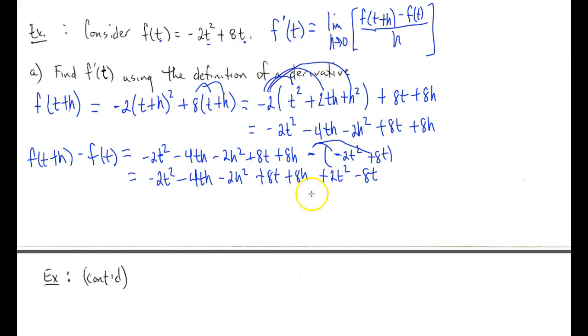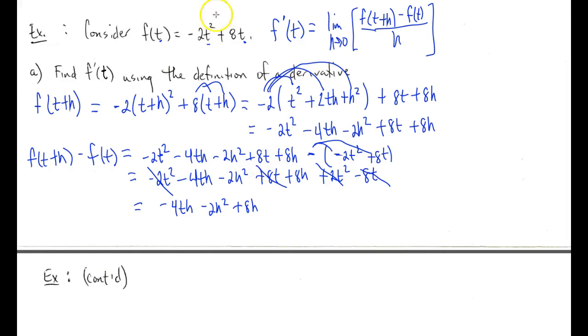And so here we see that we have a negative 2t squared, and that should cancel with a positive 2t squared. So that cancels to 0. This term has an h in it, we leave it alone. This term has an h in it, we leave it alone. This is plus 8t, so we have a minus 8t to go along with it. So that cancels to 0. And so what we have left are just the terms that have an h in it.